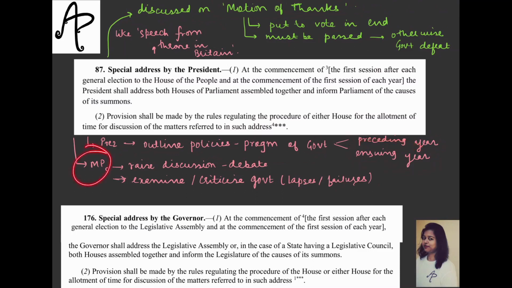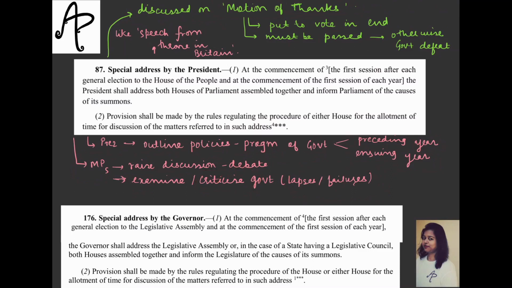So the members of the parliament also get an opportunity. This becomes a platform or an opportunity for them to raise any kind of discussion or debate, so that they can examine how the government has performed. They can criticize the administration or the government if they notice any lapse or failures.